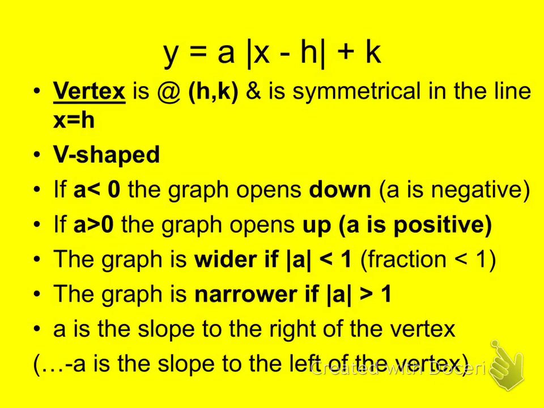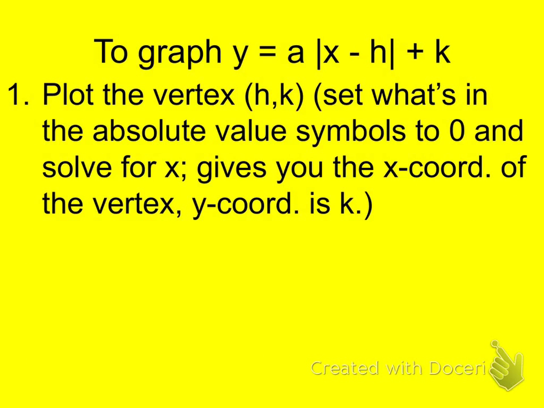Last thing, a is the slope to the right of the vertex, and -a is the slope to the left of the vertex. To graph y equals a times the absolute value of x minus h, plus k, first we're going to plot the vertex. Then we're going to set what's in the absolute value symbols to 0 and solve for x.